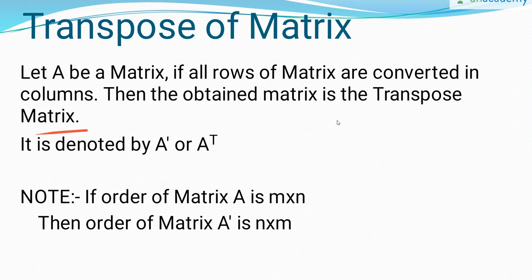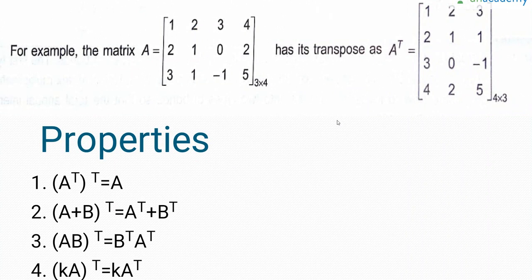If there are m rows and n columns, then we write rows column-wise and columns row-wise, so the order will be changed. If the order is m cross n, then the transpose of the matrix will be of order n cross m, and we denote the transpose of a matrix by either A dash or A^T. T denotes transpose.